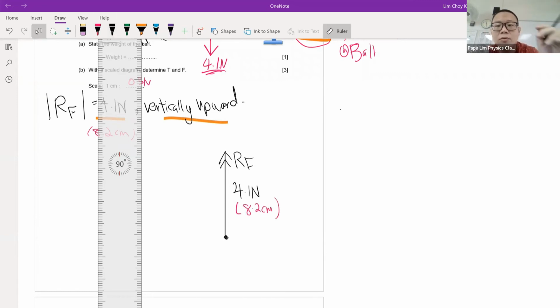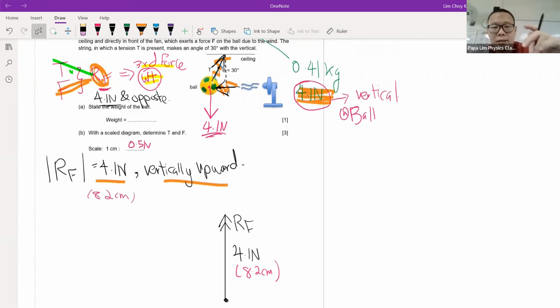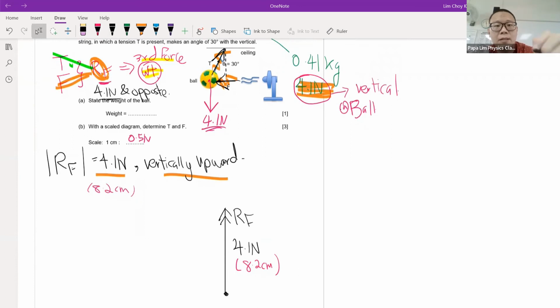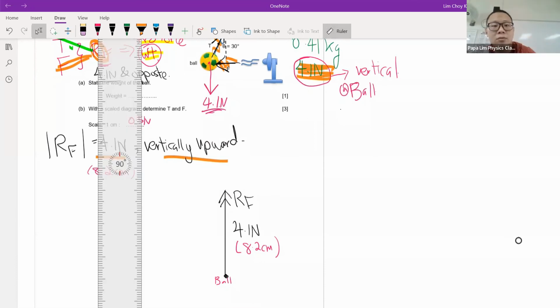Now, this is the first clue that's given to us: the resultant force is 4.1 Newton. The other thing I know is that on this particular object, the ball, two other forces act on it, and because of these two forces, I have a resultant force. F is a horizontal force, totally horizontal, so F actually looks something like this.